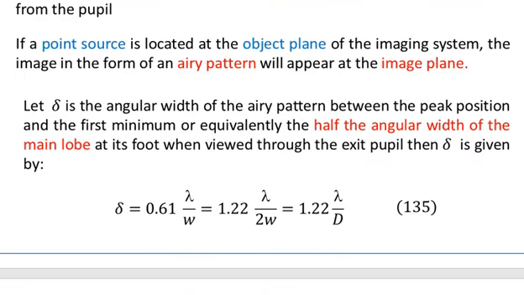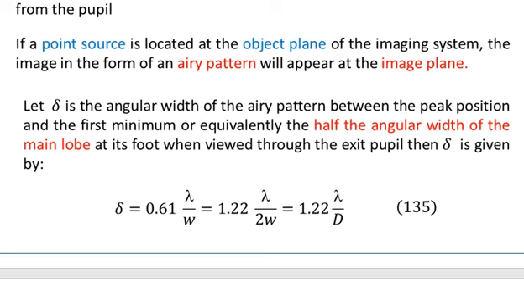Let delta be the angular width of the Airy pattern between the peak position and the first minimum, or equivalently the half angular width of the main lobe at its foot, when viewed through the exit pupil.